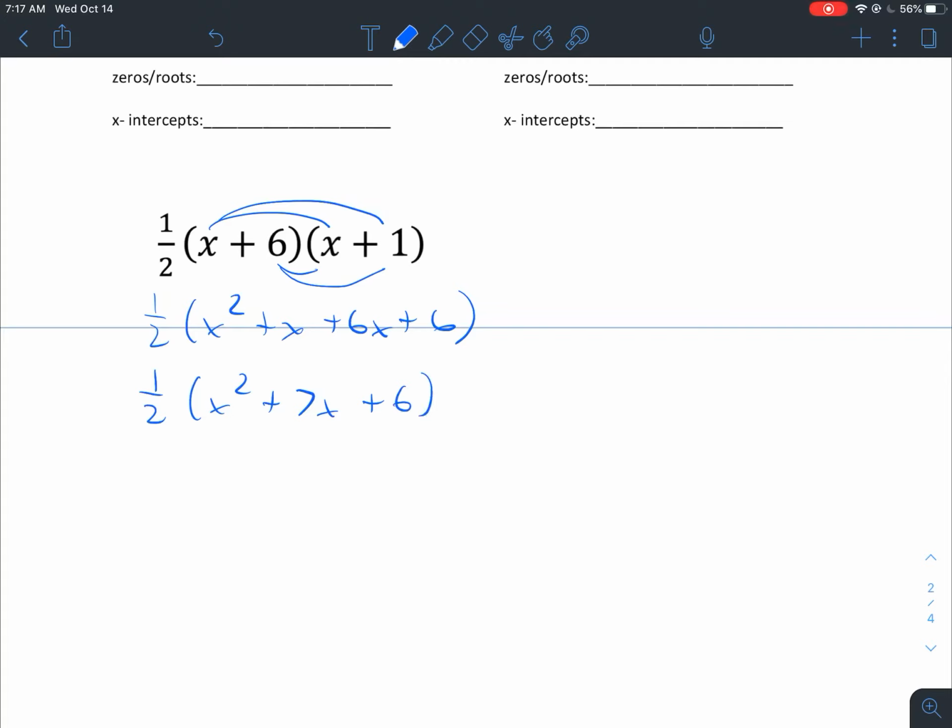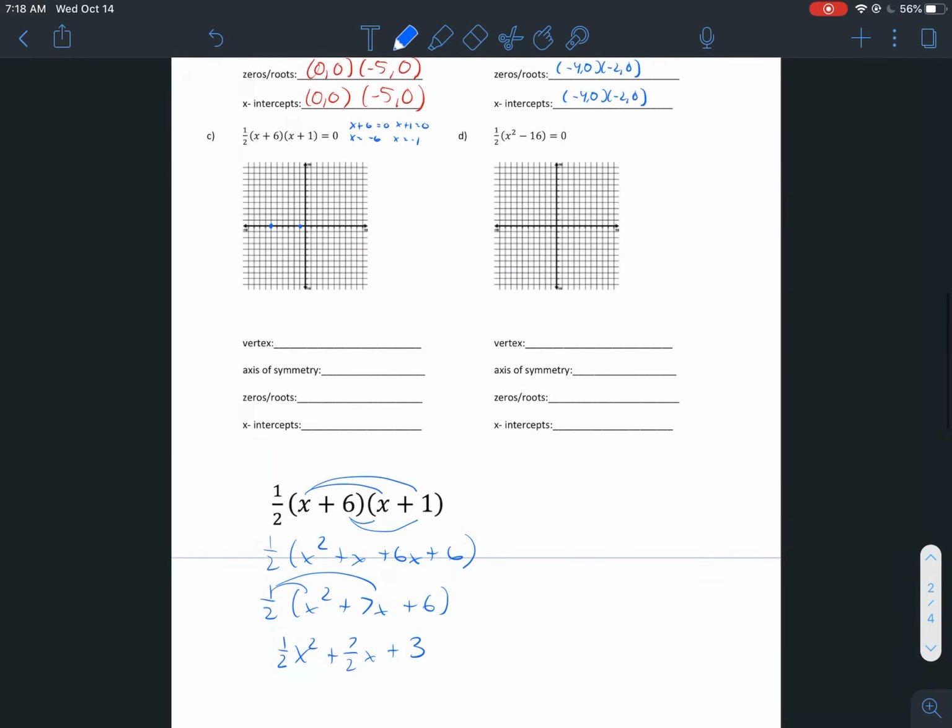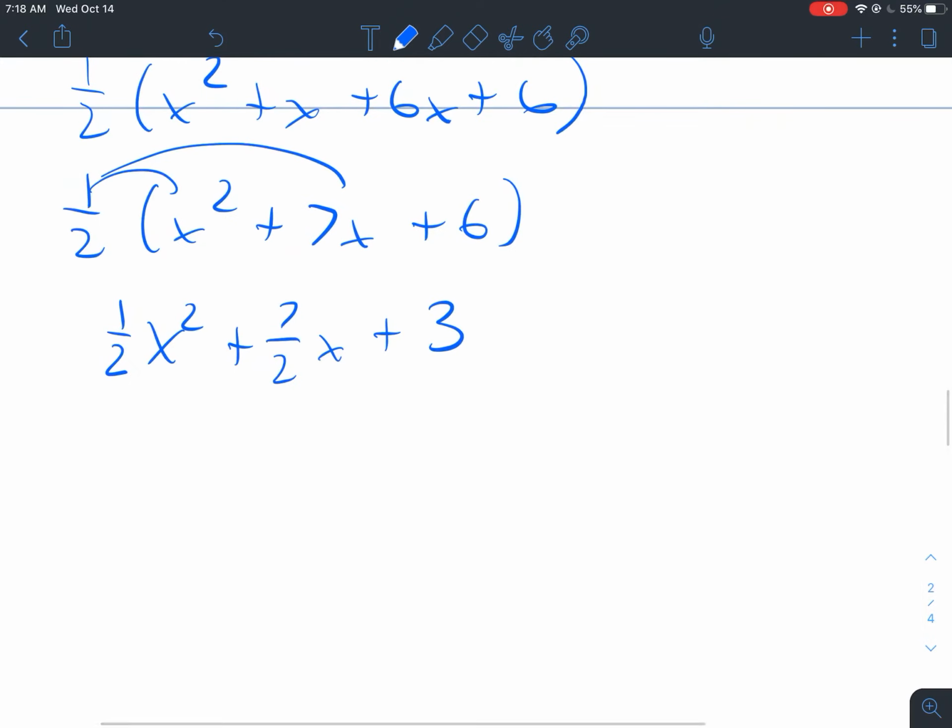So we're going to end up with 1/2 x squared plus 7 over 2 x plus 3. Now that we have it in standard form, we can find our vertex. So we need that negative b.